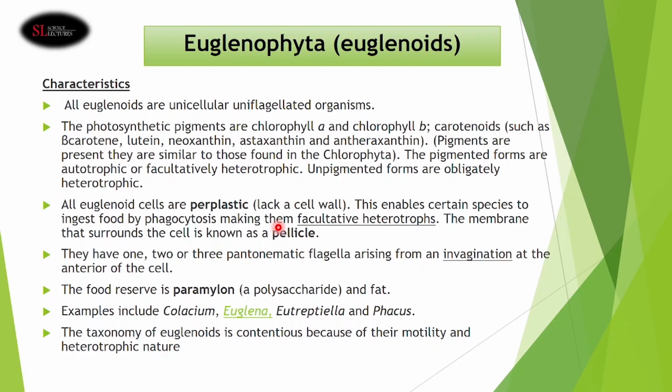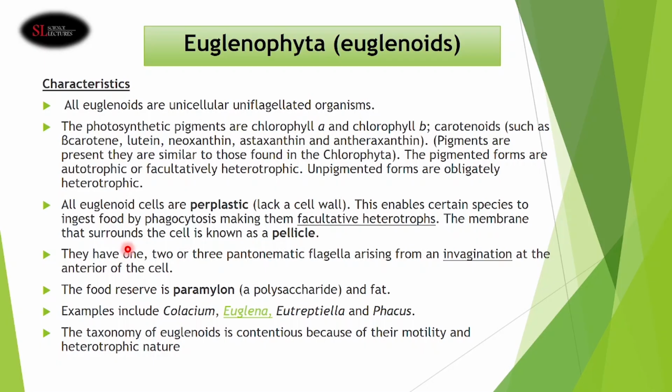They have one, two, or three pathognomonic flagella arising from the invagination of the interior of the cell. Then their major food source is paramylon, which is made up of polysaccharides. Some of the common examples are Colacium, Euglena, Trachelomonas, and Phacus.